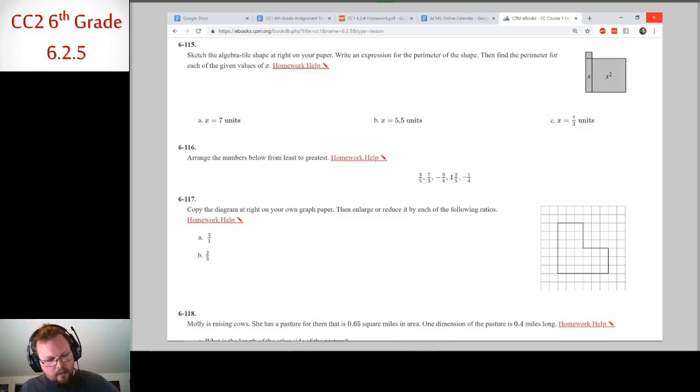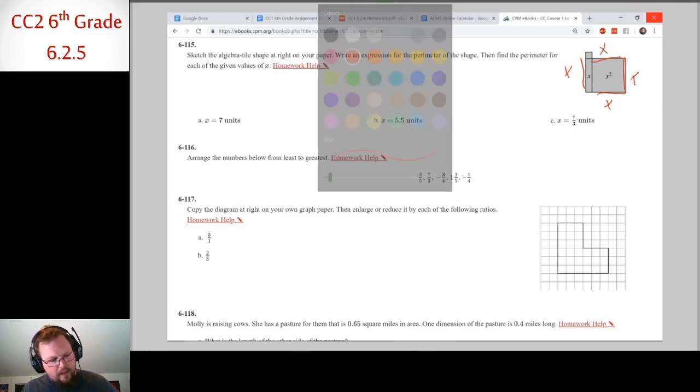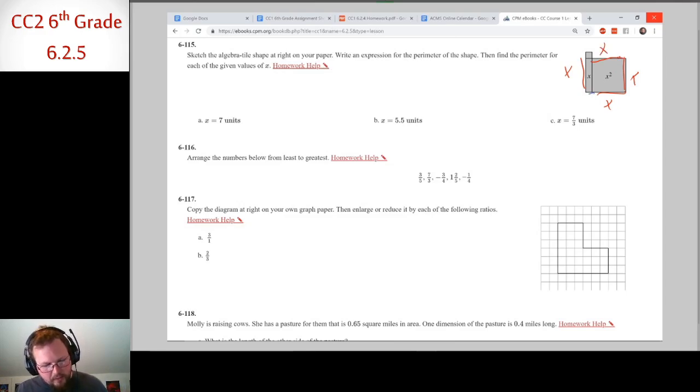So this one, I've got a length of x, x, x, and x across the top. And then I'm going to count up all of the unit tiles, which is 1, 2, 3, 4. This is actually the exact same 4x plus 4 expression that we already did. So here you just plug in 7 for that. 4 parentheses plus 4.